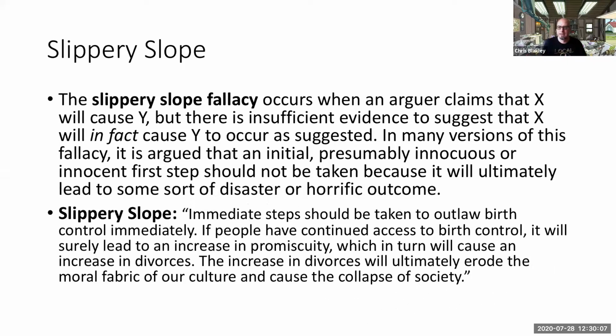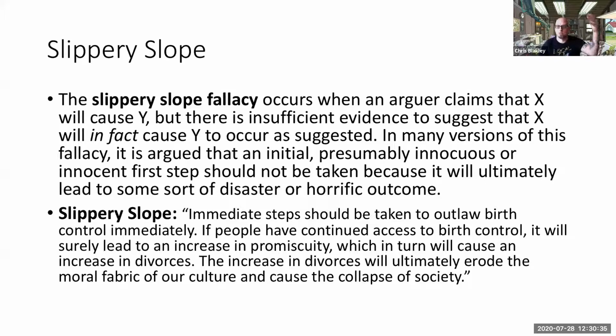So here's my example of a slippery slope fallacy argument. Immediate steps should be taken to outlaw birth control. If people have continued access to birth control, it will surely lead to an increase in promiscuity, which in turn will cause an increase in divorces, right? Because people don't like it when you're unfaithful to them. The increase in divorces will ultimately erode the moral fabric of our culture and cause the collapse of society, right?